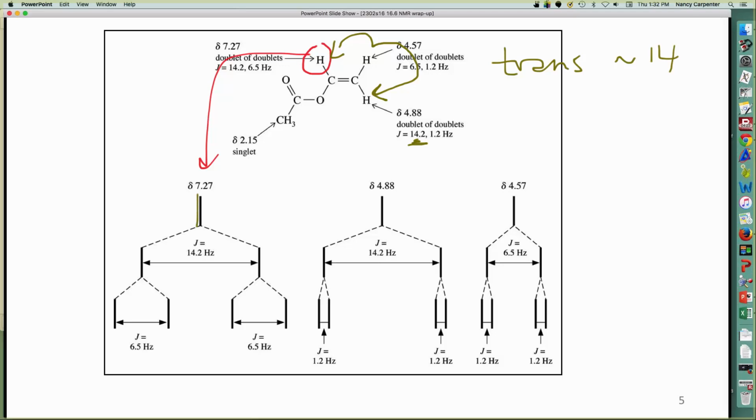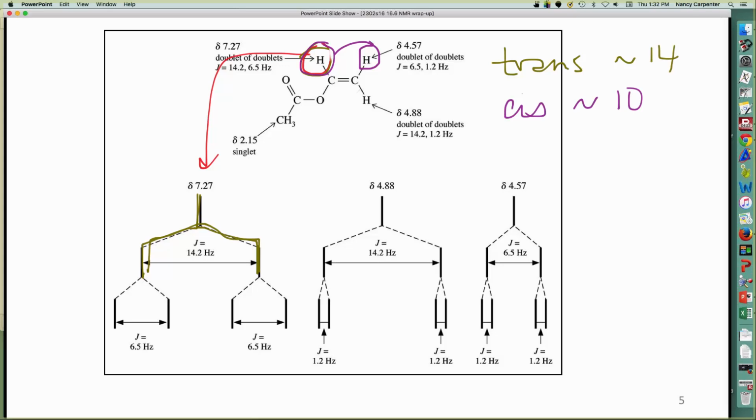So we start out by drawing that doublet. There's that big doublet from this guy coupling to this guy. But now we also know that this guy couples to this guy. And that's a cis coupling, and that was around 10 hertz.